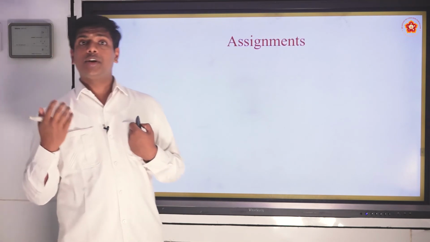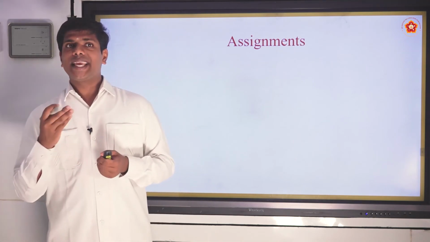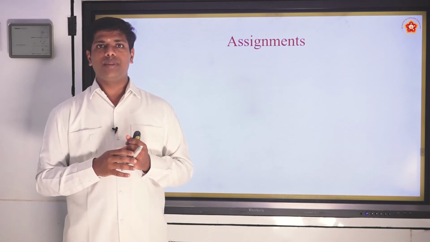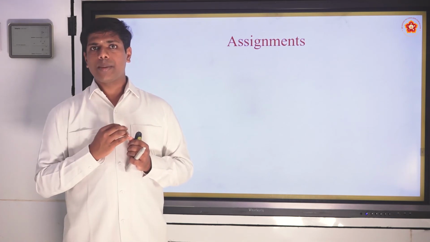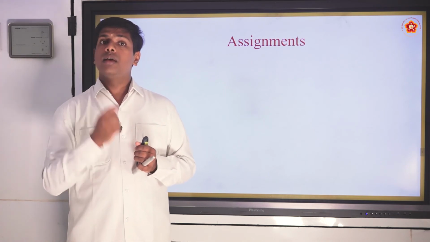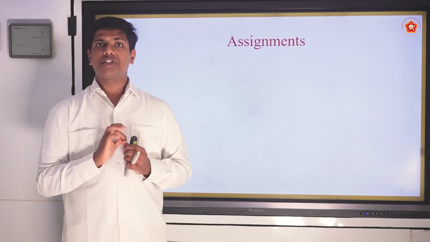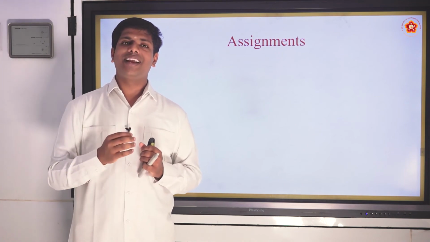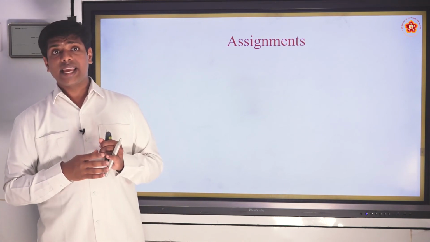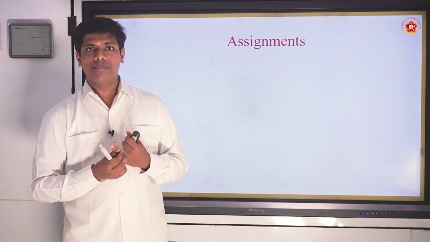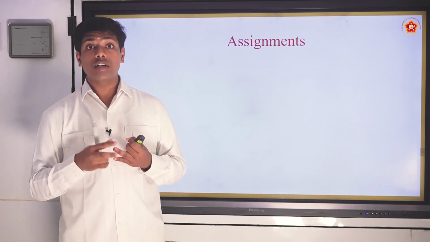Next, in today's class we have learnt about the chemical properties of carbon. Let us quickly recap. First, we learnt about combustion reactions, and there are two types: complete combustion and incomplete combustion. Second, we learnt about what? Oxidation.